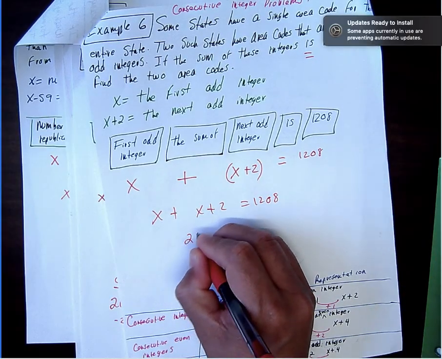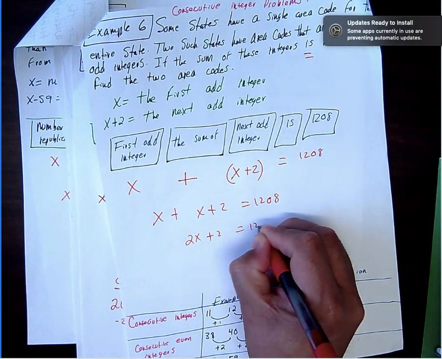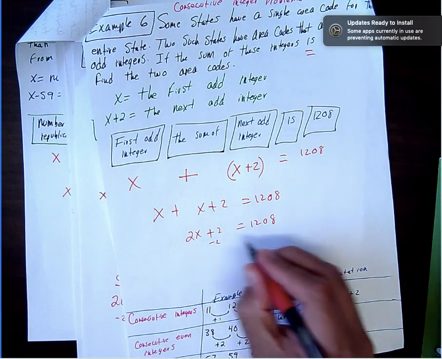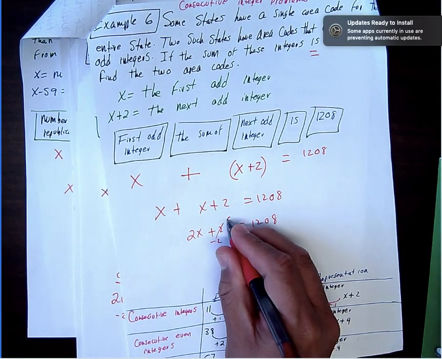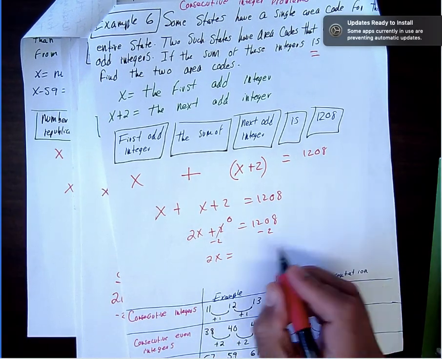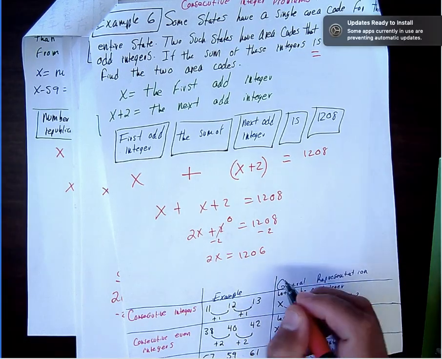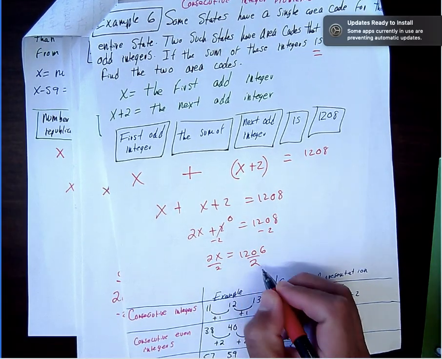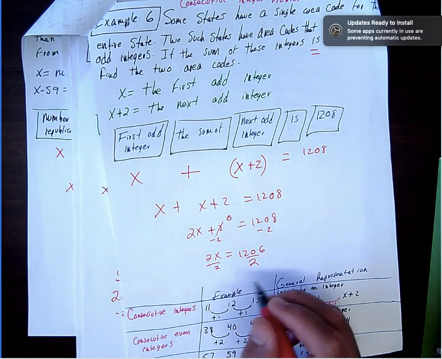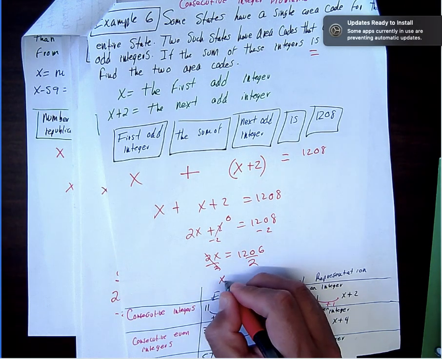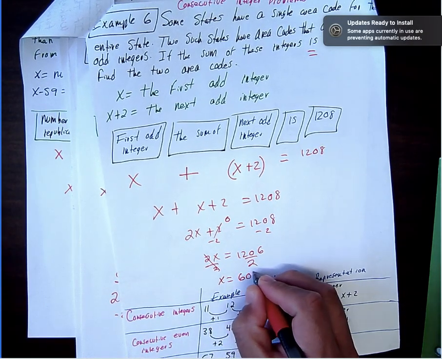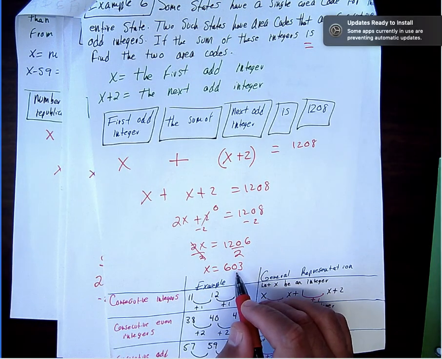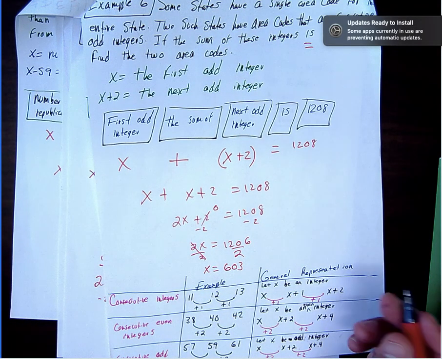So 2x plus 2. So minus 2, minus 2. 2x equals 1206, divided by 2. So x equals 603. So we got an odd integer, which is a good thing.